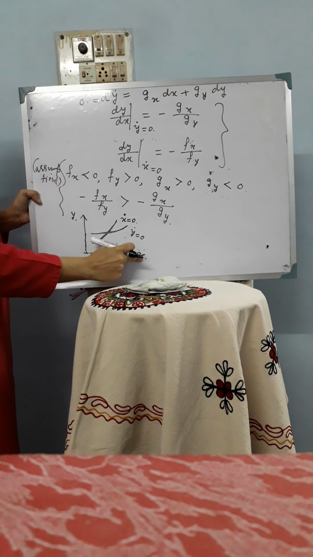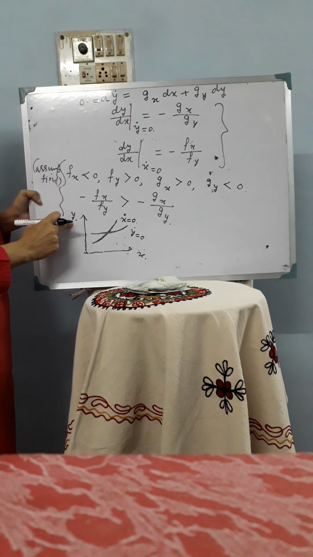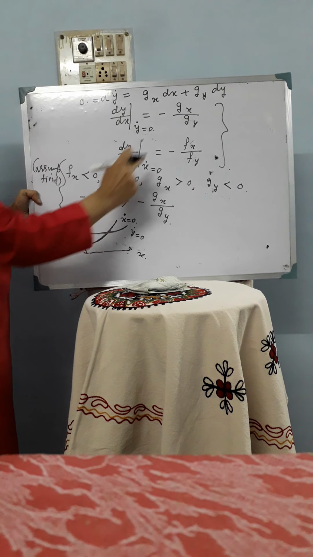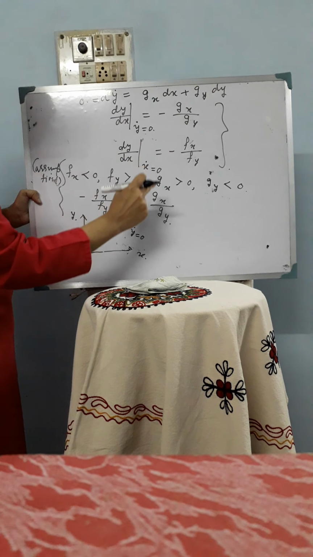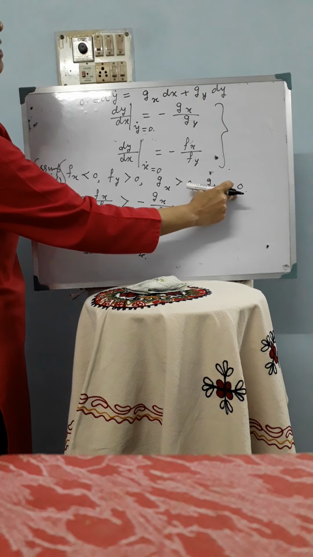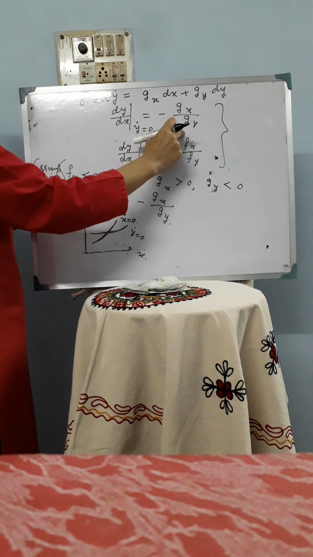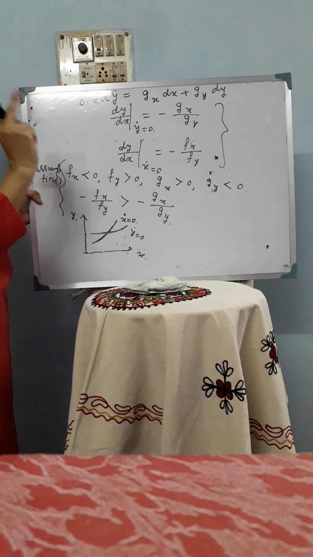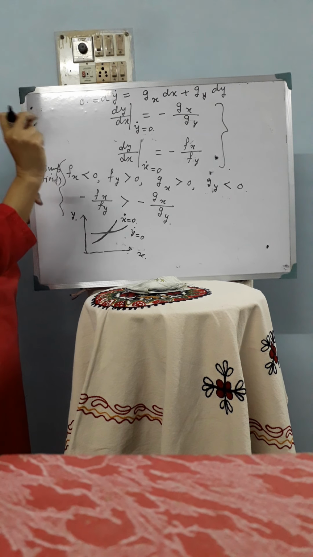Here along the x-axis we are measuring x, along the y-axis we are measuring y. So we can get the y dot curve here, which is also a positively sloped line, because by assumption gx is greater than 0 but gy is less than 0. So minus gx by gy is greater than 0. So the y dot is equal to 0 curve is also a positively sloped curve.